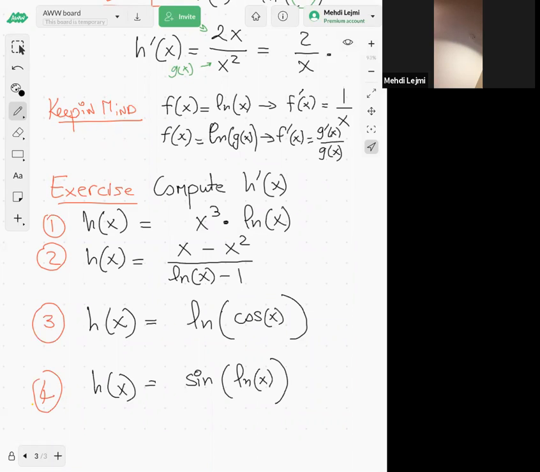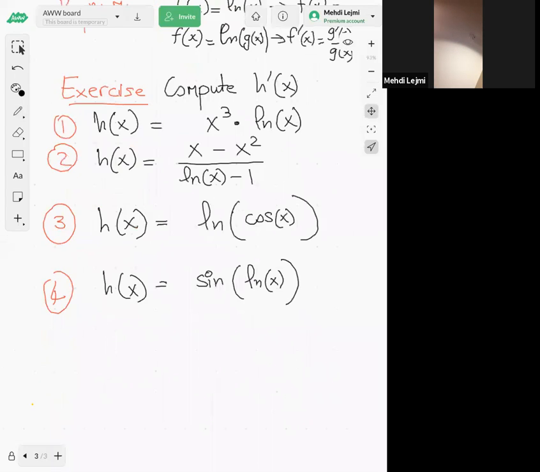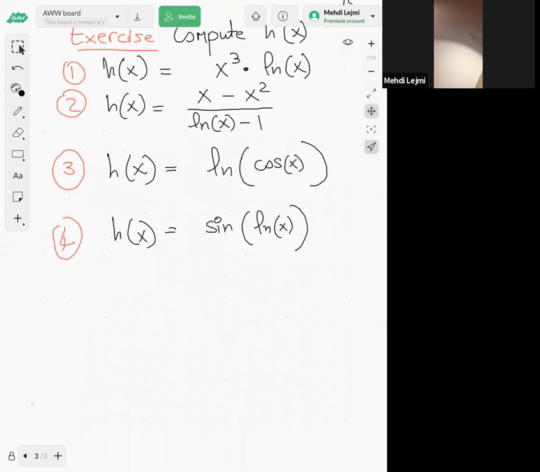Okay, so for number 1, here's my h of x: x cubed times natural log of x.